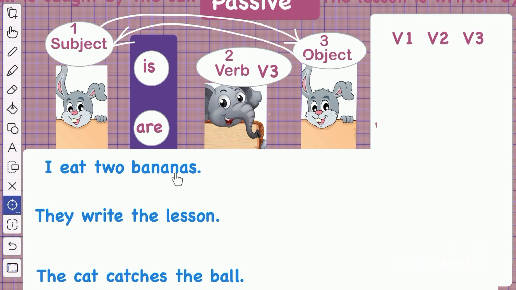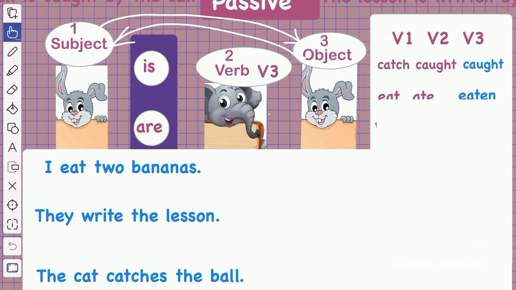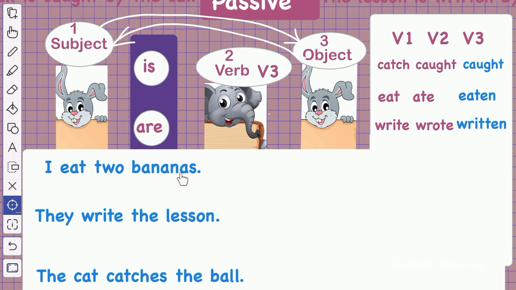So 2 bananas are, and then we will write V3 of the verb eat. What is V3 of the verb eat? Eaten. Very good. So it will be 2 bananas are eaten by, the last step.